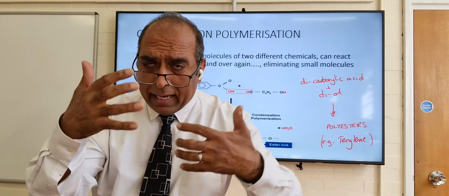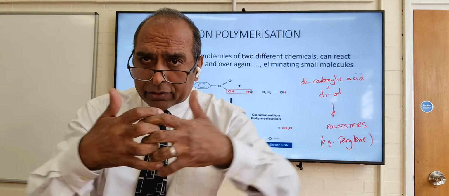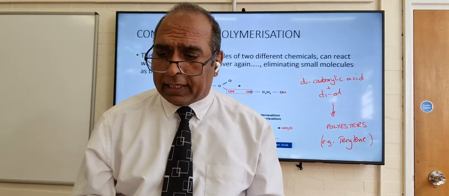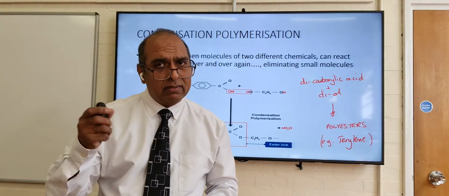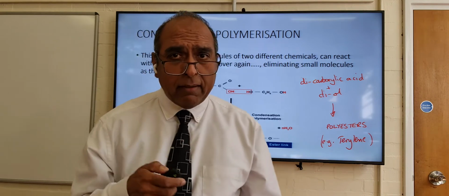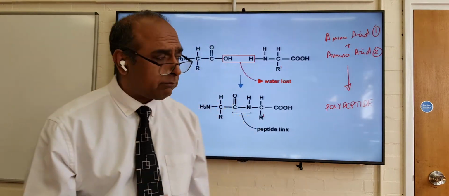What makes this end react with this end is that they make something else. They react and make a small molecule. That small molecule is kicked out. See, my classes find that hard to get their mind around. So I'm just going to stick with this. I've got a demonstration to show you in a minute.